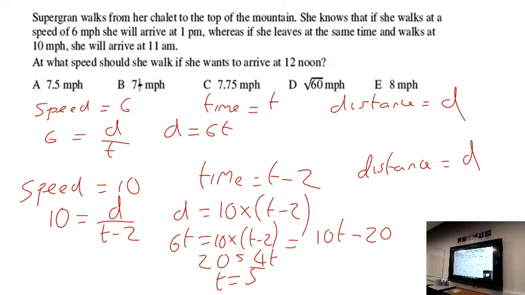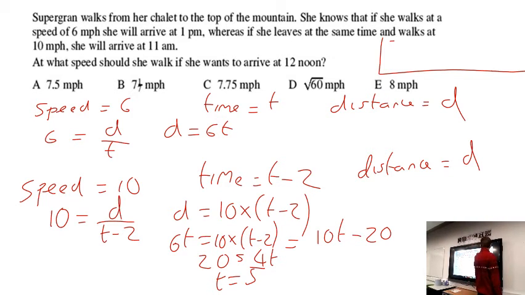Okay, so we're going to use that information to work out the speed that you must travel so that you arrive at 12 noon. Okay, so let's make a bit of space here. So this is what we are trying to solve. What do we know? We're trying to work out the speed.